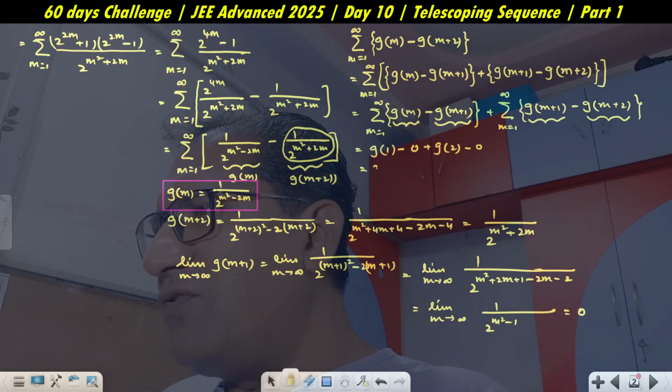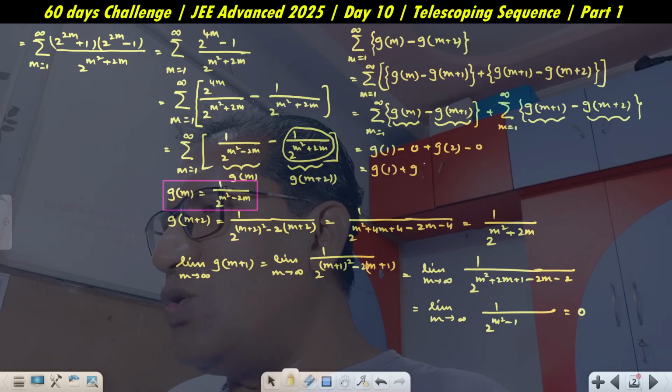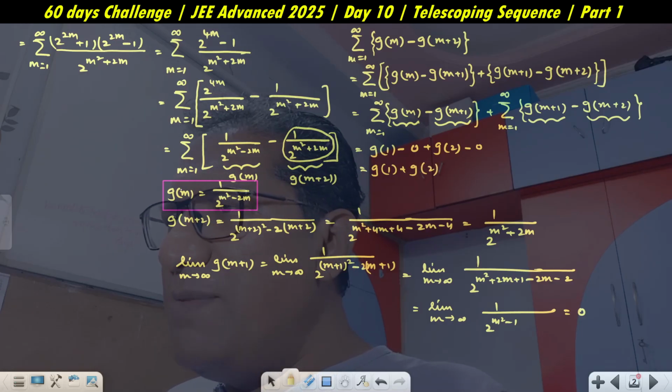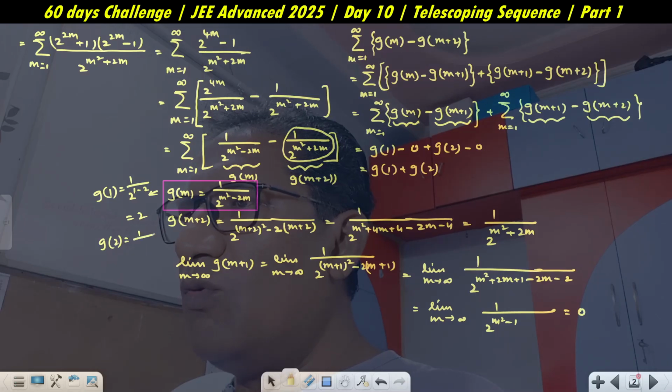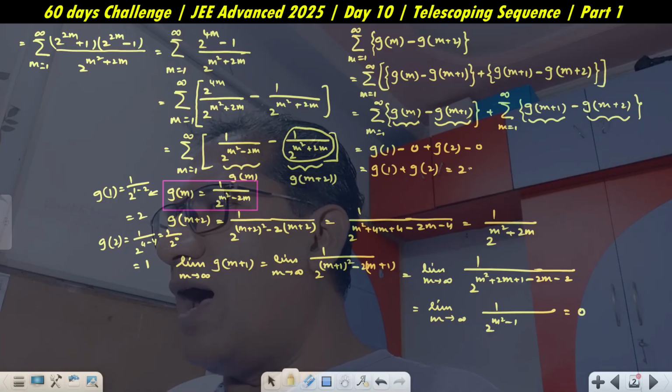Therefore, your answer will be G1 plus G2. And Gm is this, so from here we can easily see that your G1 is 1 over 2 to the power 1 minus 2, that gives us 2. And G2 is 1 over 2 to the power 4 minus 4, that is 1 over 2 to the power 0, that gives us 1. Therefore, your answer will be 2 plus 1, which equals 3.